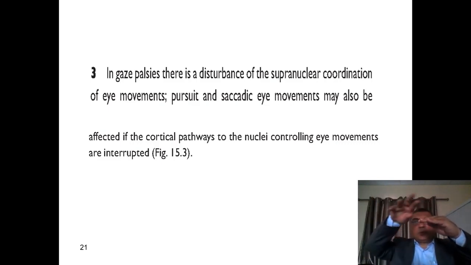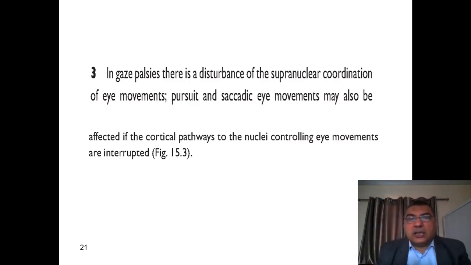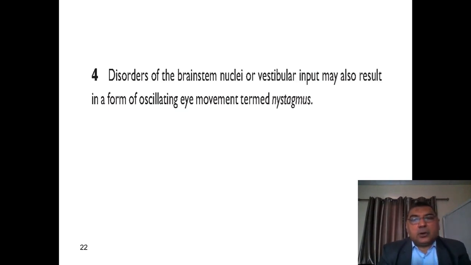For example, horizontal gaze pulses and vertical gaze pulses, or higher cortical control disturbances, disturbances in the pursuit and saccadic movements. We are going to discuss it in detail.